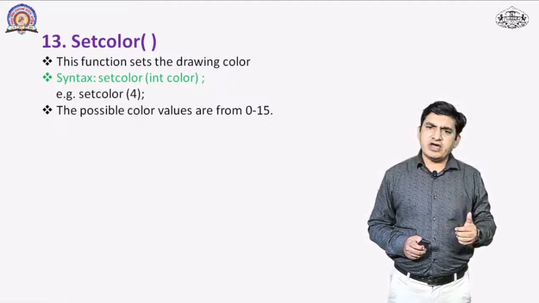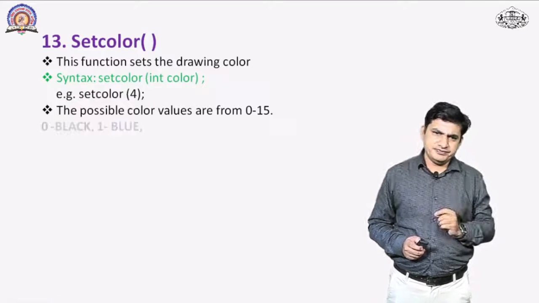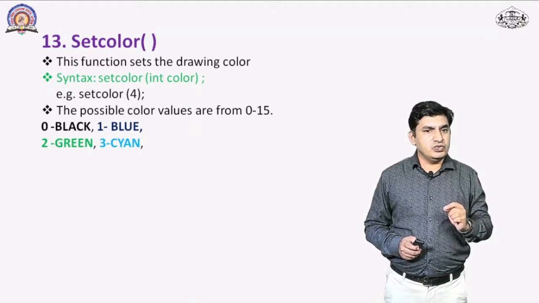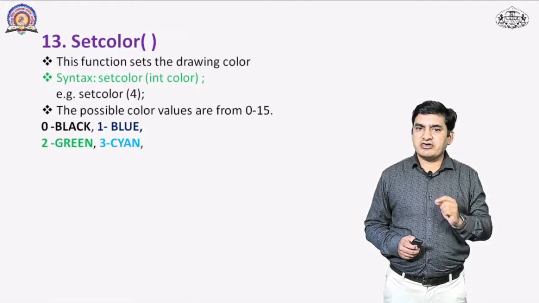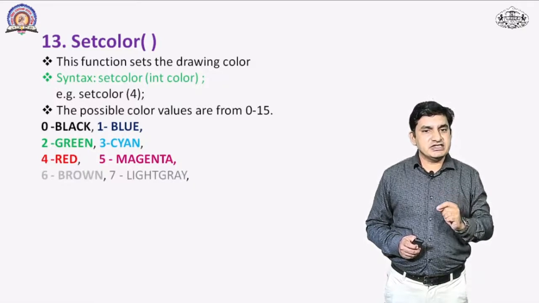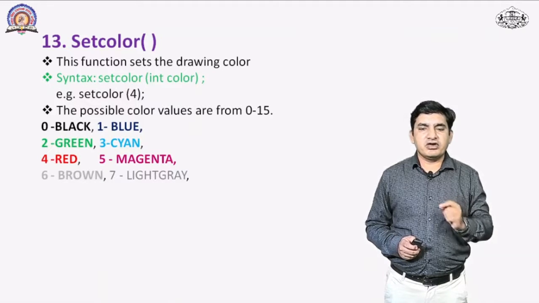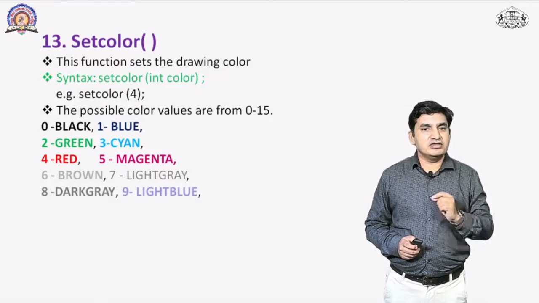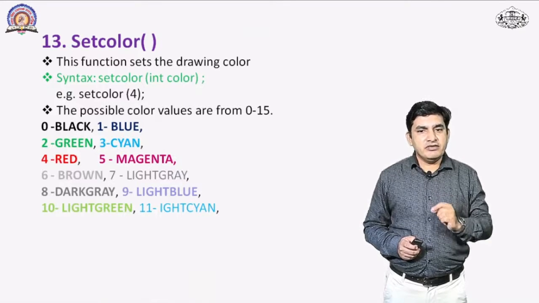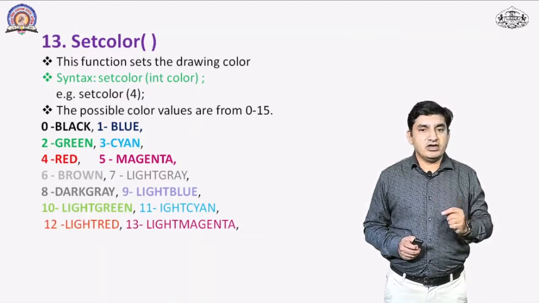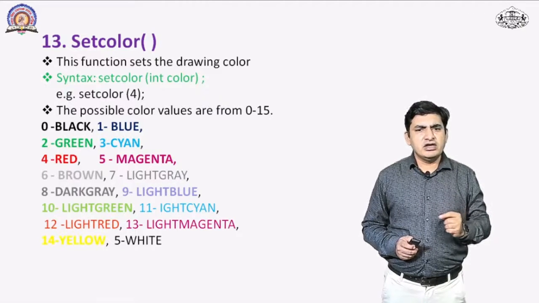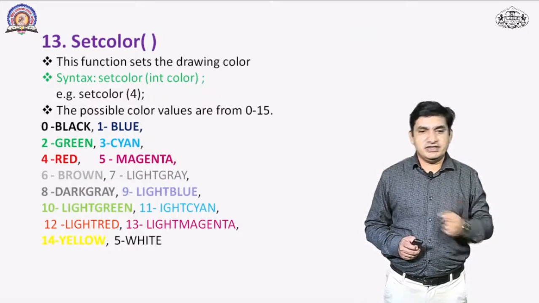The possible color values are from 0 to 15. 0 is for black, 1 is for blue, 2 is for green, 3 is for cyan, 4 is for red, 5 for magenta, 6 for brown, 7 for light grey, then 8 for dark grey, 9 for light blue, 10 for light green, 11 for light cyan, 12 for light red, and 13 for light magenta. 14 is used for yellow and 15 is used for white.